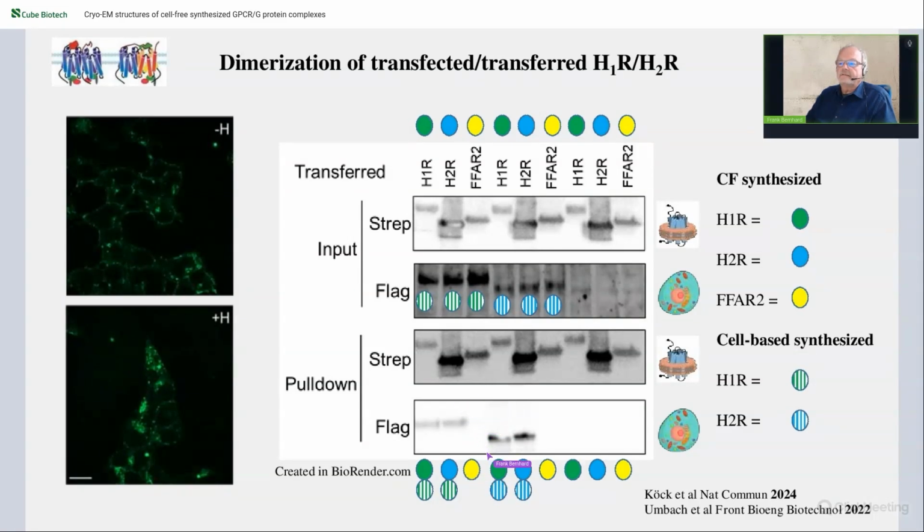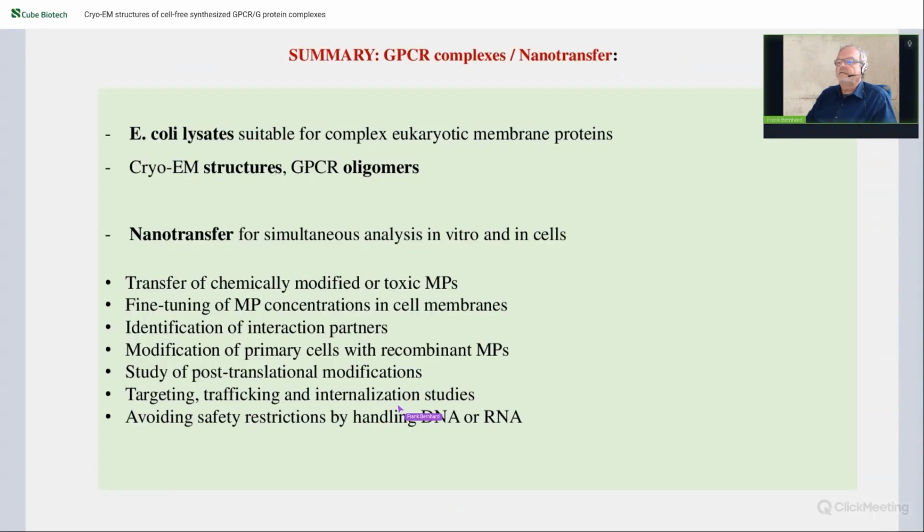And here you don't have any pull-down because it's clear, the FFR2 receptor does not interact with the histamine receptors. So this nicely shows that cell-free synthesized GPCRs have a very nice folding and can interact even with cell-based synthesized GPCRs. So that's already at the end of my talk.